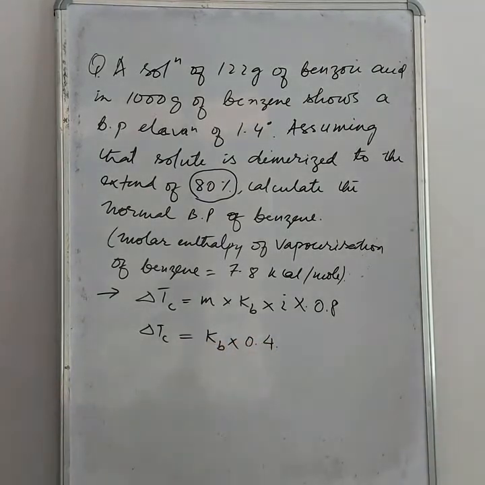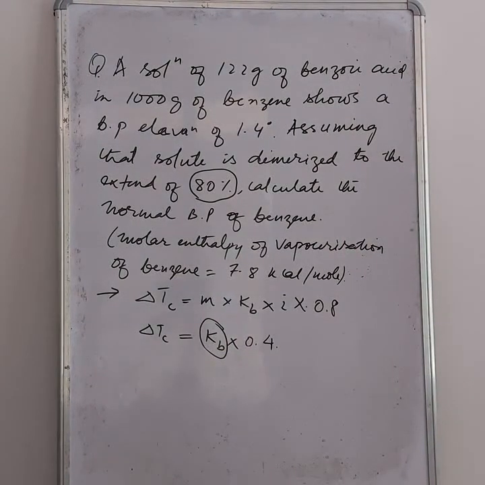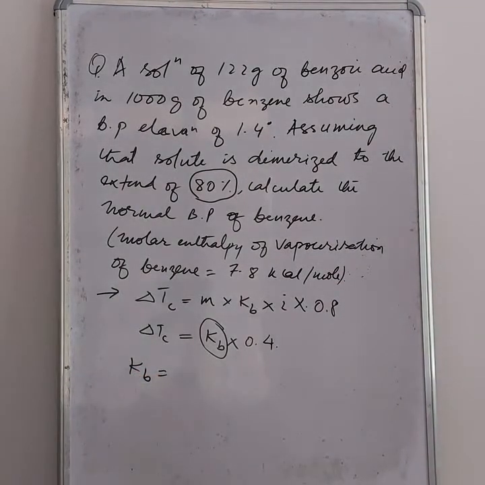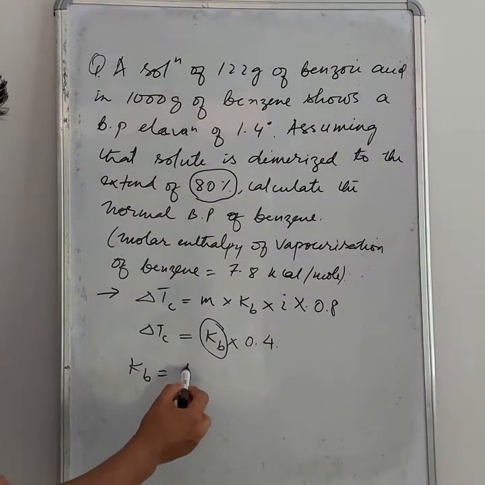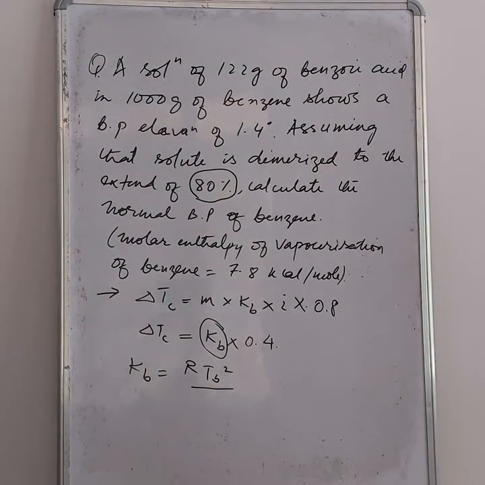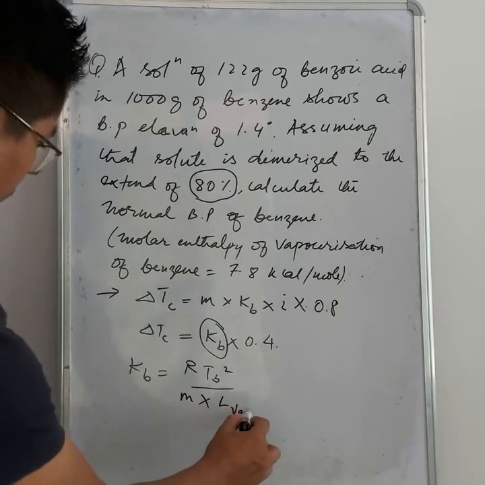0.4. Now we know the formula for Kb, the ebullioscopic constant. Once you plug in, it's nothing but R T b squared over molality into the latent heat of vaporization.